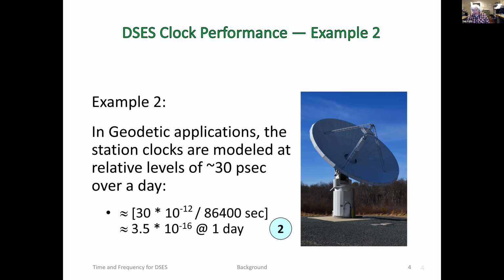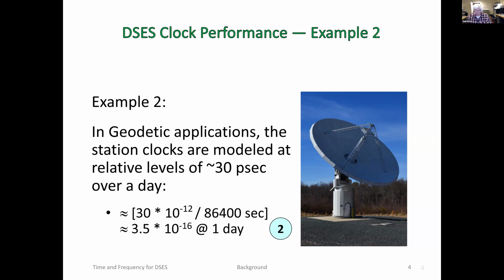And in this case, the accuracy needed from the oscillators that manage the site is about 3.5 times 10 to the minus 16th at 1 day.